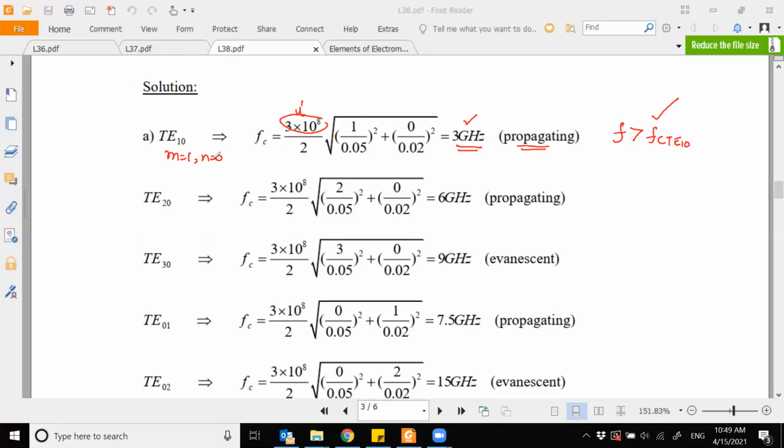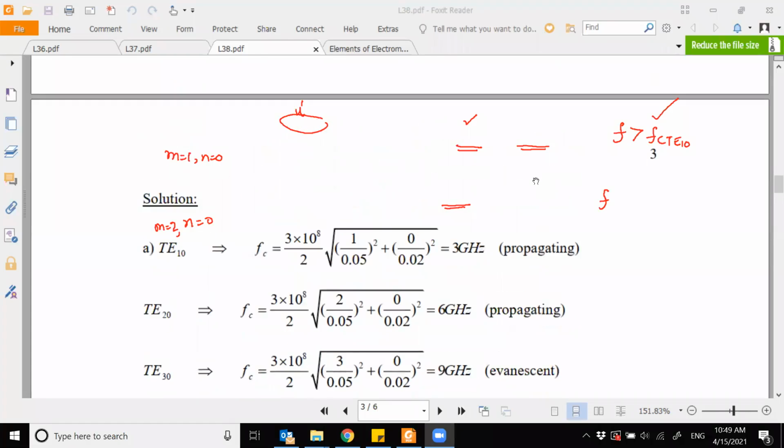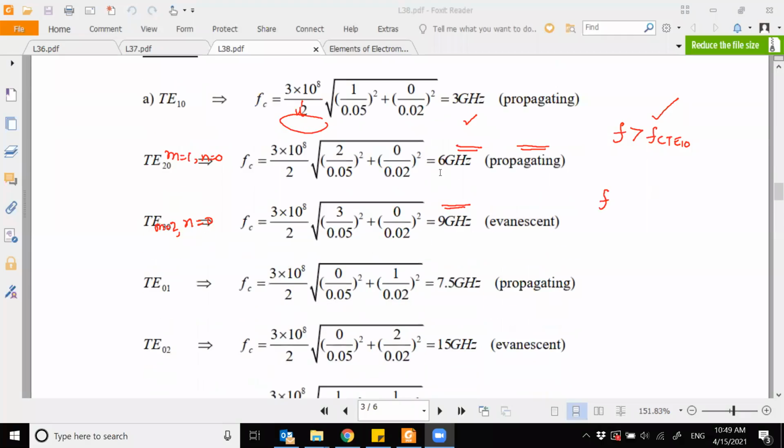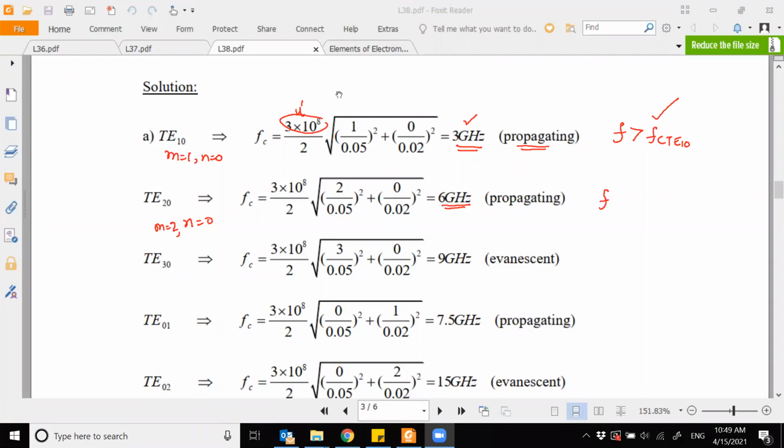Then I keep n the same, 0, and change m to 2. Then I get 6 gigahertz. So 6 gigahertz is the cutoff frequency of TE2,0. My operating frequency f is 8 gigahertz, which is greater than the cutoff frequency of the TE2,0 mode.